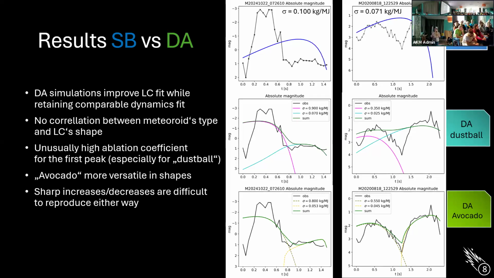And both models had problems with very sharp increases and decreases during the modeling, usually at the very beginning. And then if this was a very deep decrease, then neither one was too good. When it comes to fitting dynamics, they were all comparable. So we basically just needed to focus on the light curve in this modeling.